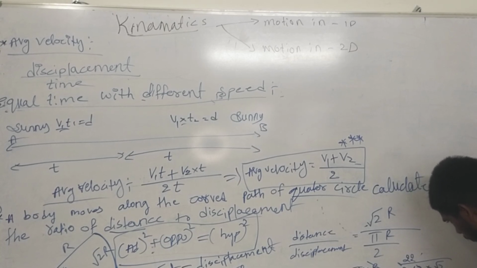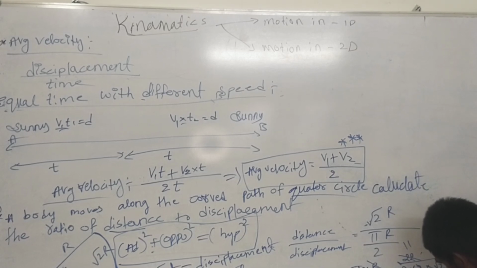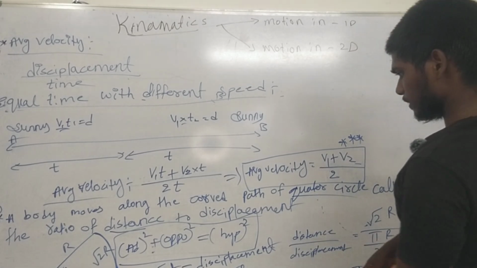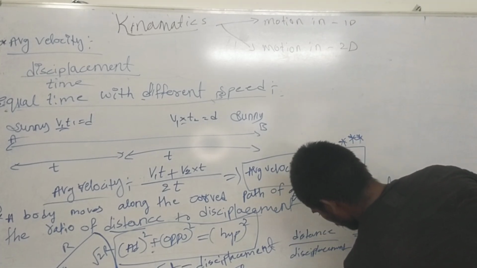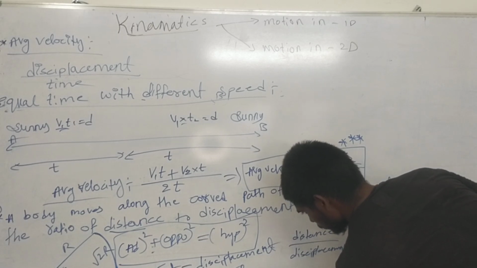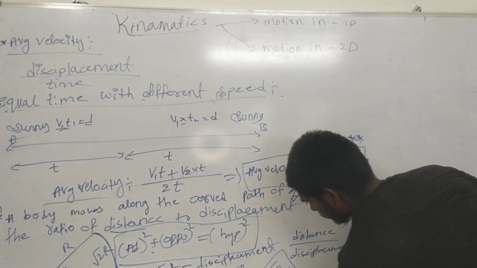So 2 elevens are 22. So 11 by 7 into root 2. So the ratio of distance to displacement is 11 is to 7 into root 2. This is the answer, bhaiya.